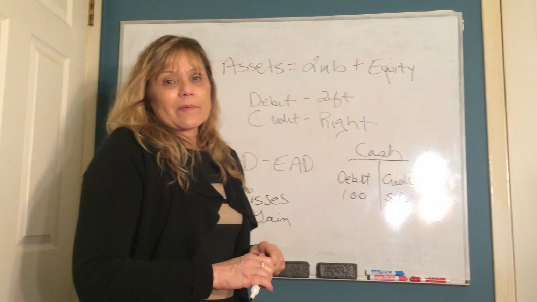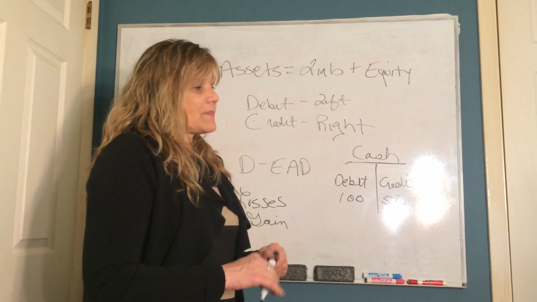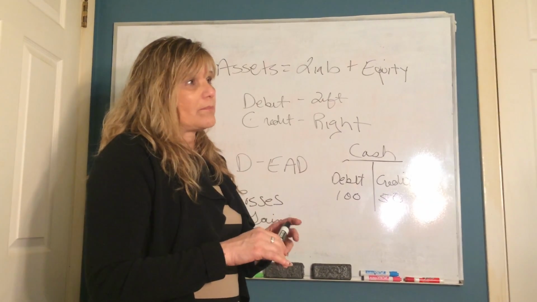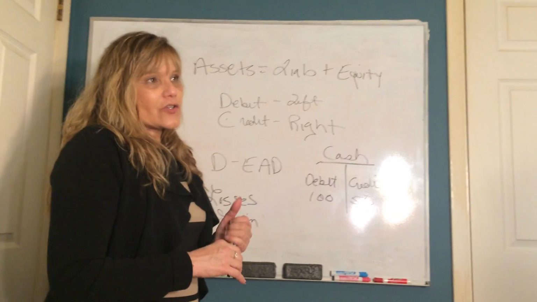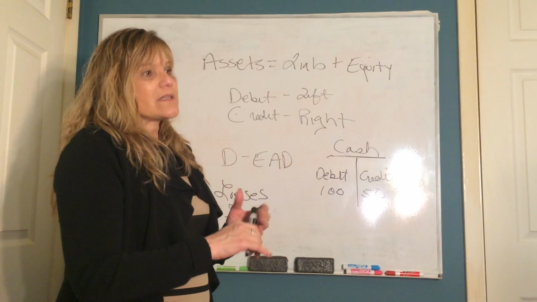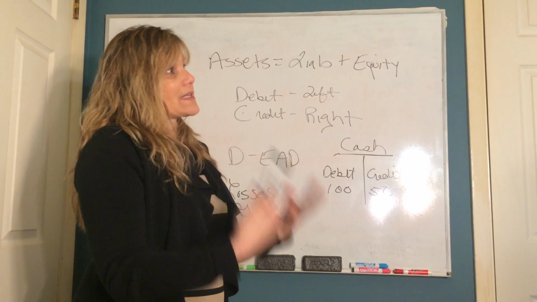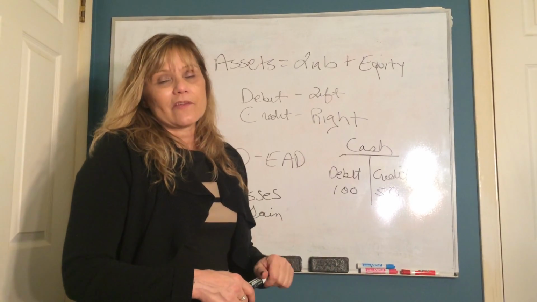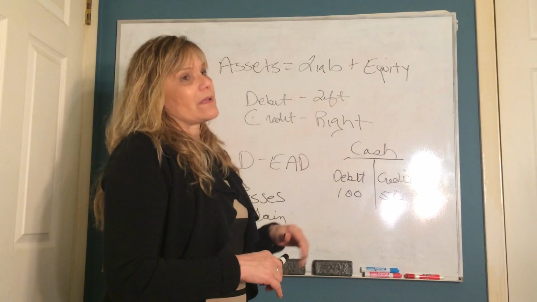Liabilities are basically things I'm going to owe. So if I were to buy this pen at Office Max, and it cost $2 and I didn't pay for it, I charged it, that would be an account payable. I've got the pen, the transaction happened, but it's not paid for yet. So that's a liability. There's different liability accounts.